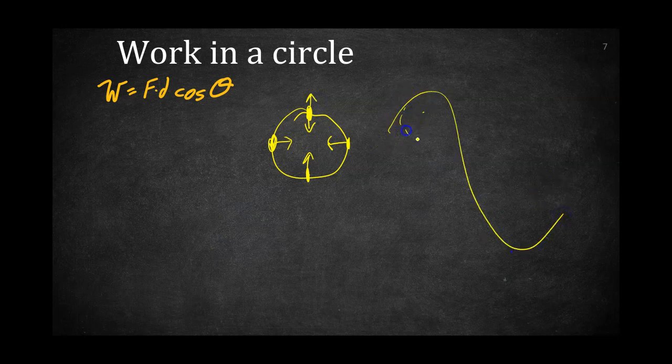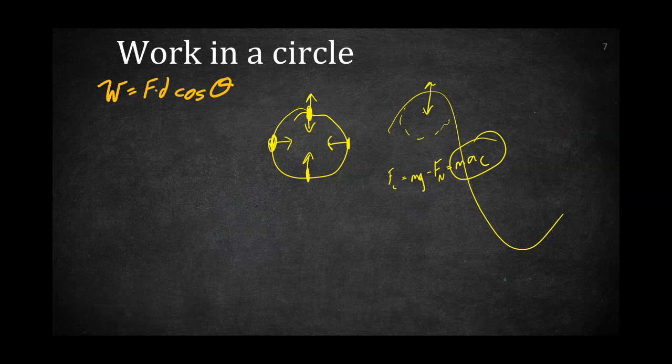At the top of the loop on the roller coaster, we have a net force acting downwards, while we still have some normal force. In this case, our centripetal force, the weight force minus our normal force, would equal mass times our centripetal acceleration. This would be our total work done.